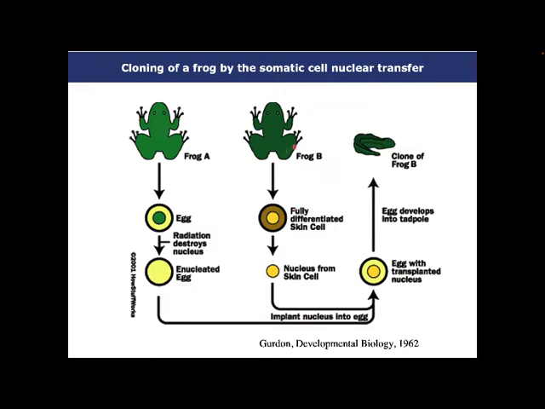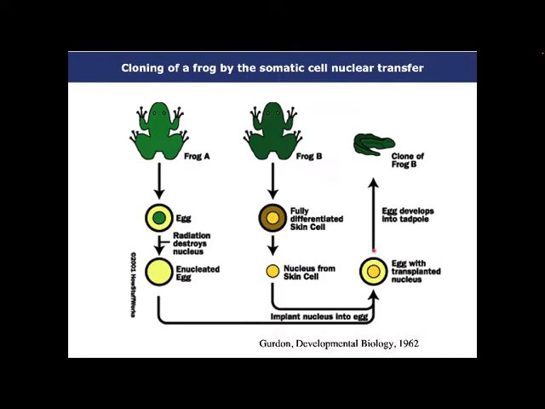From frog B, he isolated fully differentiated skin cells, isolated the nucleus from the skin cell, and fused the two.